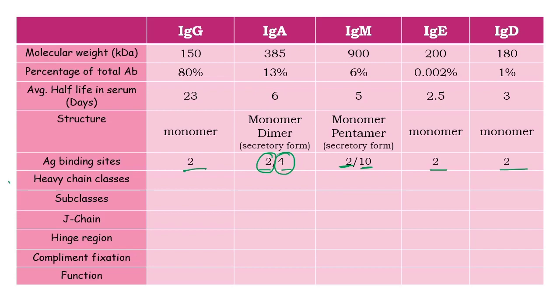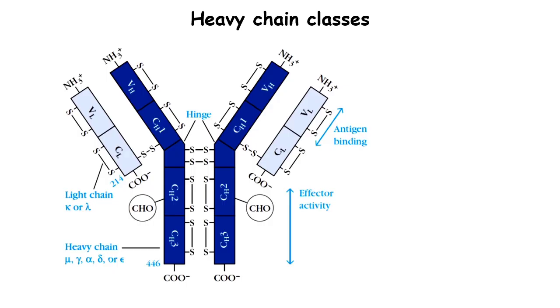Now the next point is heavy chain classes. On the basis of difference in their amino acid sequence, the heavy chain of immunoglobulin has been divided into 5 different categories known as heavy chain classes. These are mu, gamma, alpha, delta and epsilon.